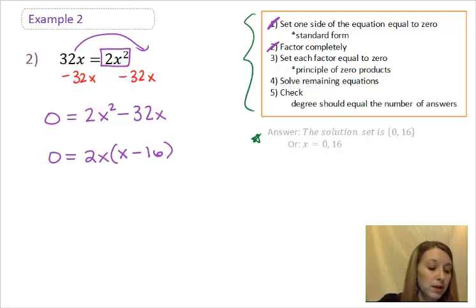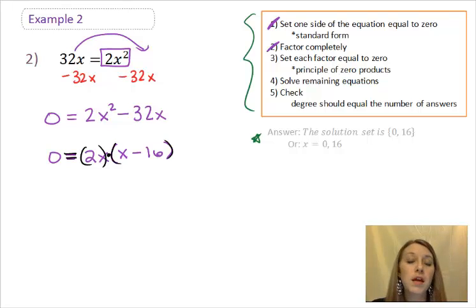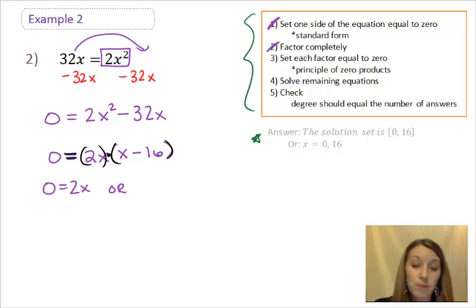Step number 3, since it is in the form of something times something equal to 0, then you can solve it by splitting those factors up. On my left, I have 0 is equal to 2x, or on my right, I have the equation 0 is equal to x minus 16.